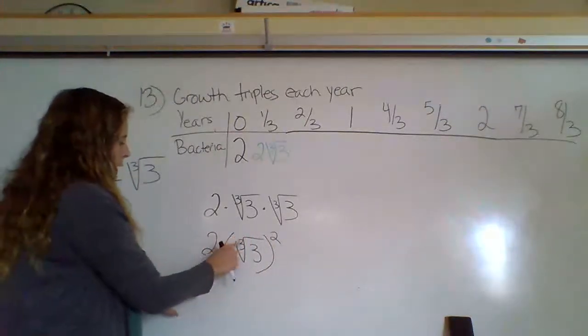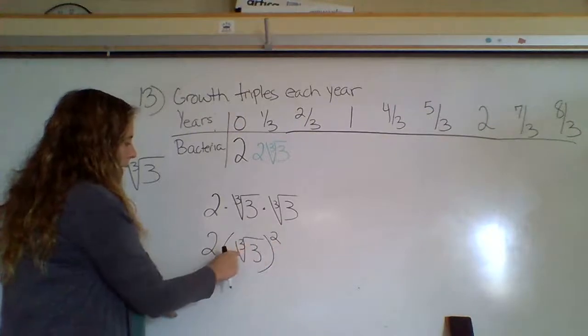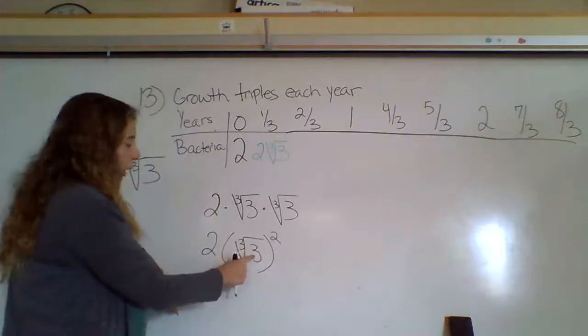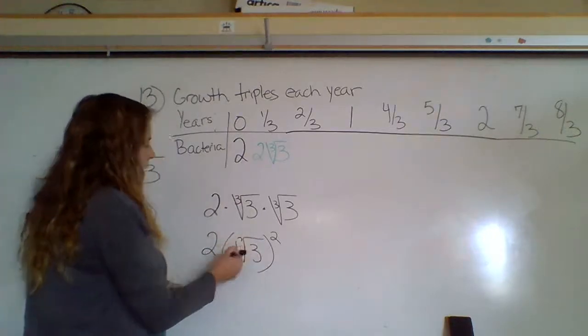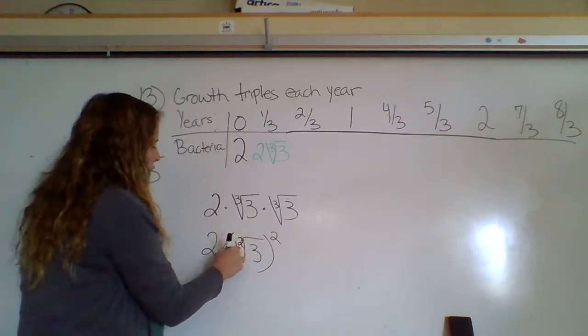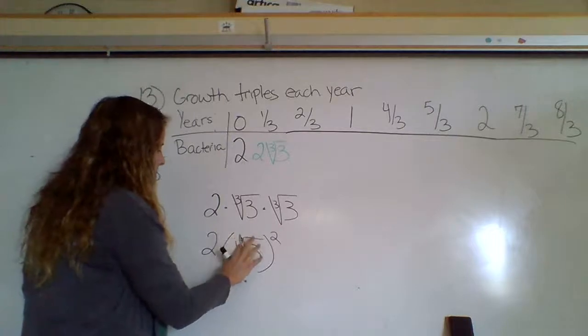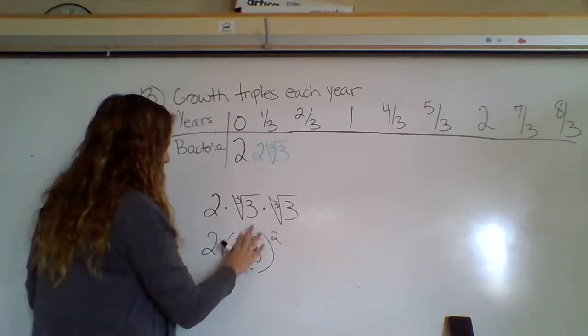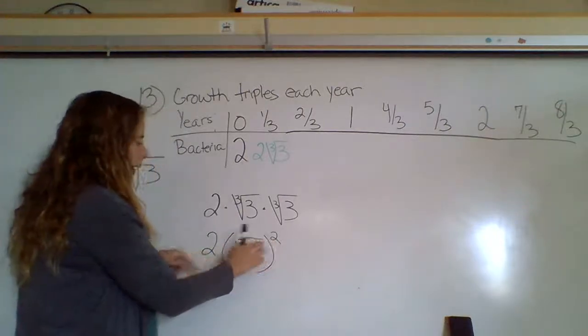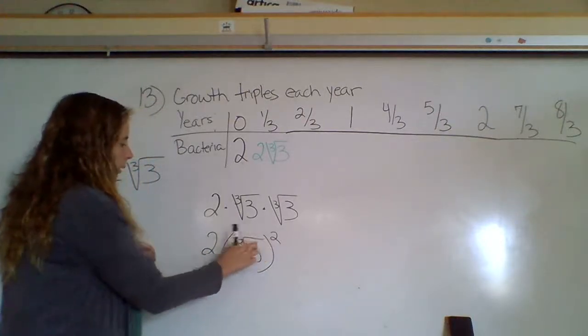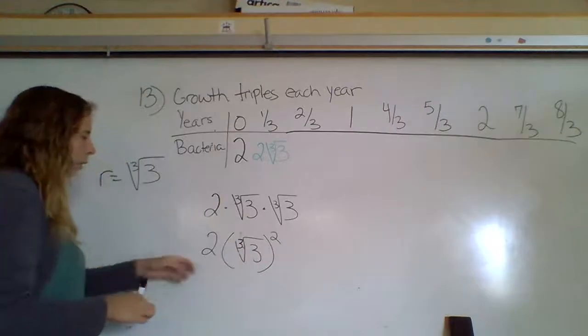If this was a 2, then they would cancel out and you would just be left with a 3. If it's a 2, you don't write anything there. But if there was a 2 here, those would cancel out. But it's not, it's a 3. So these don't cancel each other out. Right? So you can just leave it like this.